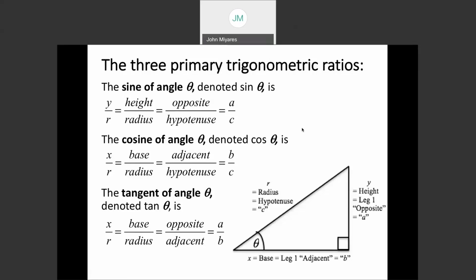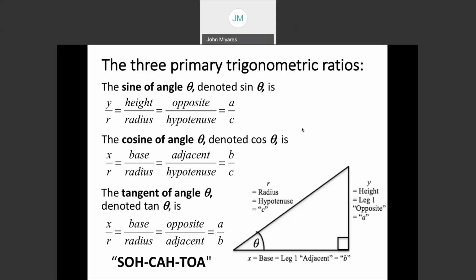Now, these three trigonometric ratios and their relationships to the different sides of the triangle are going to have to be memorized, but there is an anagram that can be used to help remember what those sides are. And that expression looks like this: SOHCAHTOA. And it was pronounced SOHCAHTOA.